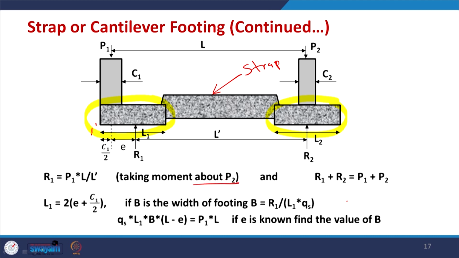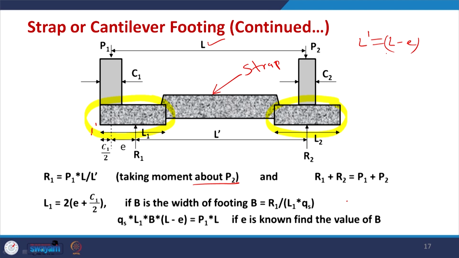When we take the moment about P2, you have R1 into this distance L prime equal to P1 into L. L is known to you because L is the center to center distance between the two columns, while L prime can be known if you fix the eccentricity, which will simply be L minus e. So, once eccentricity is fixed, then L prime is also known.